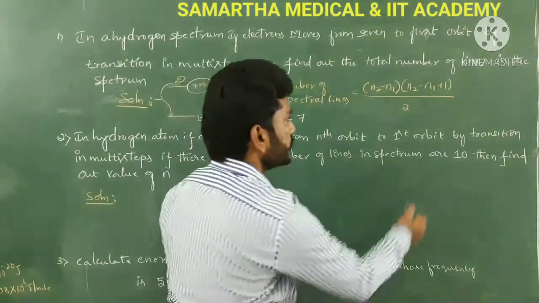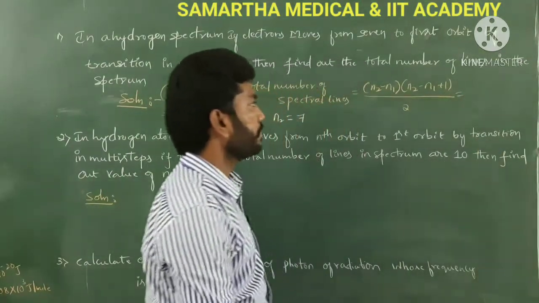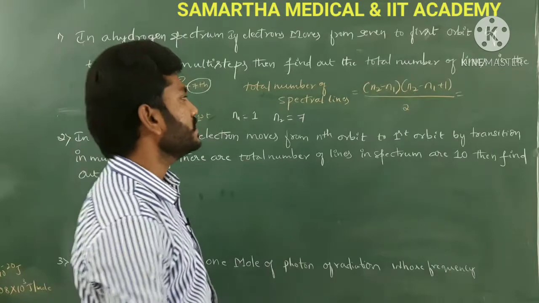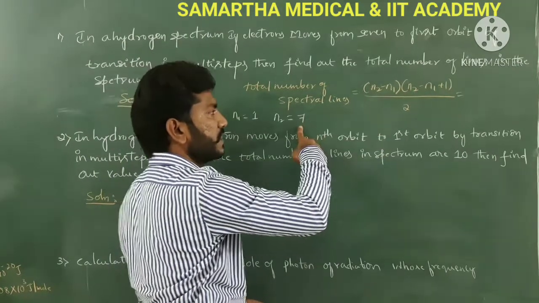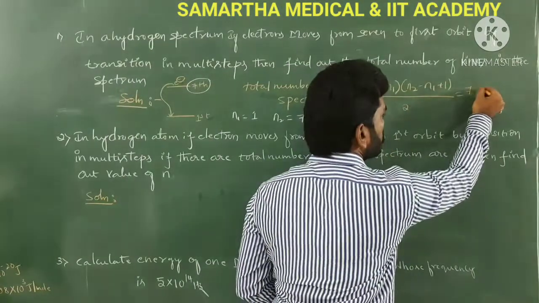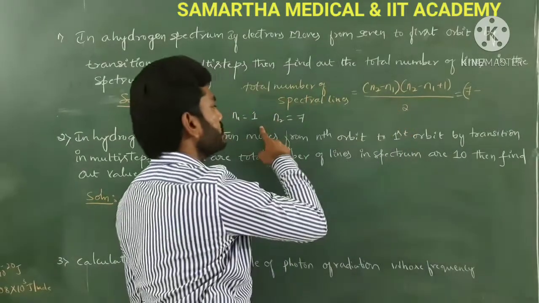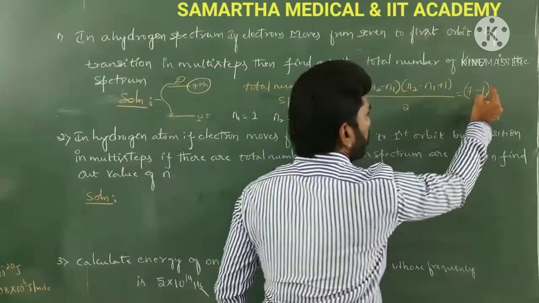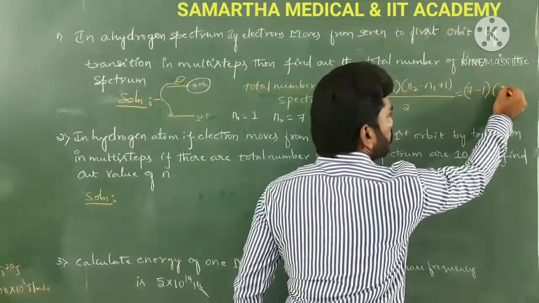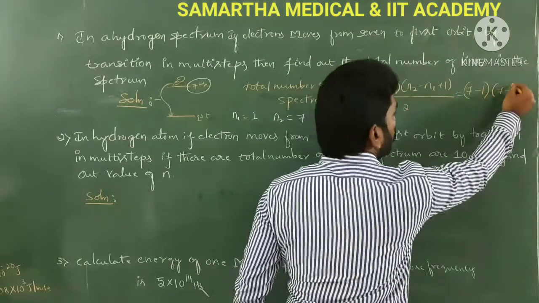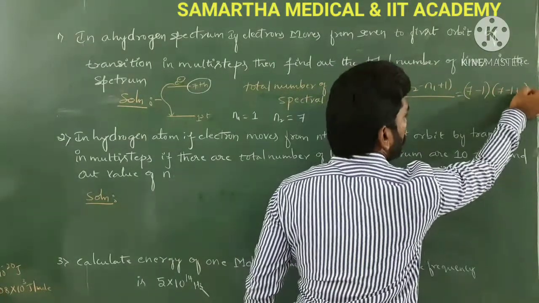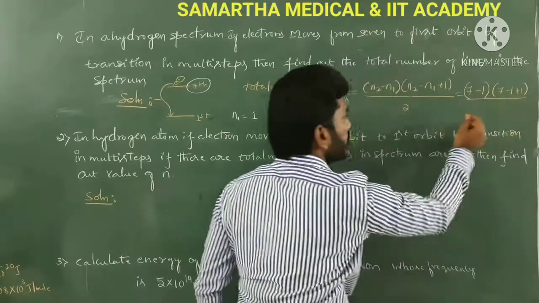So let's take up this numerical now and substitute, guys. The N2 value is the given value, that is 7, and the N1 value is 1. Then again N2 value 7 and N1 value 1, and in the formula plus 1 is also there, divided by 2.